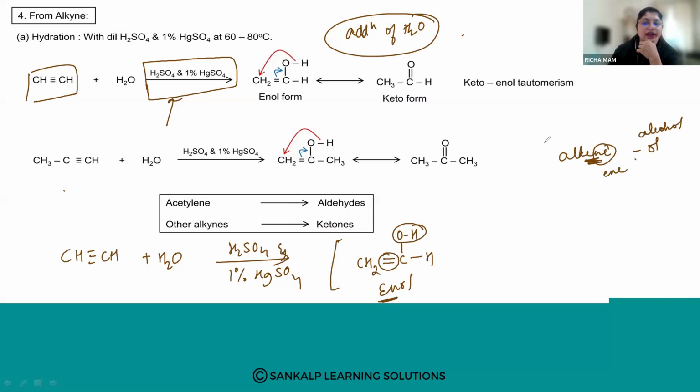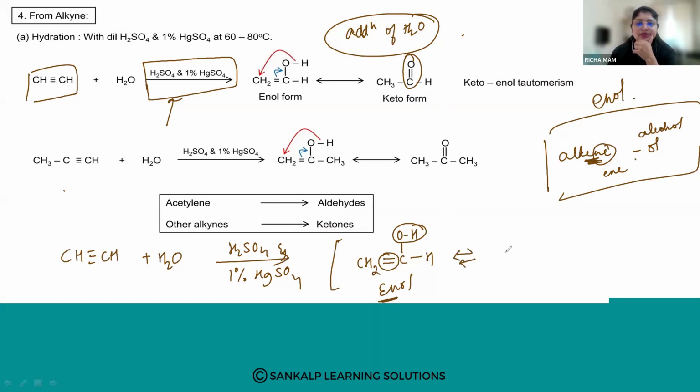So alkene and alcohol together make up enol. So enol and keto system undergo tautomerism. Tautomerism means they will have the same molecular formula, and they can easily rearrange themselves to form the enol and ketone, the keto-enol system.